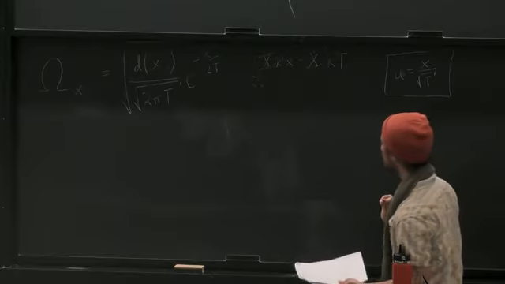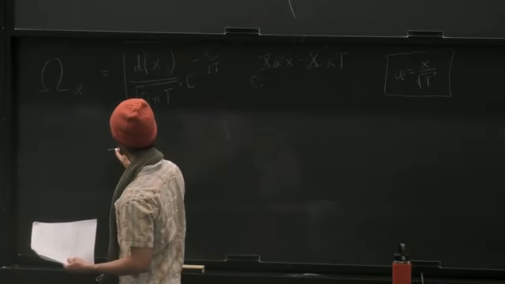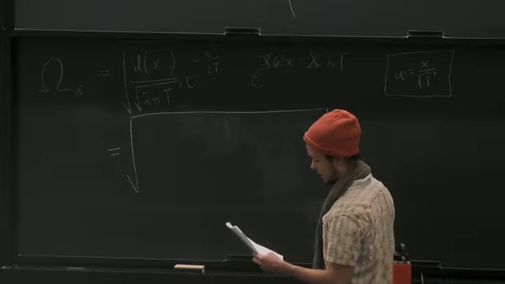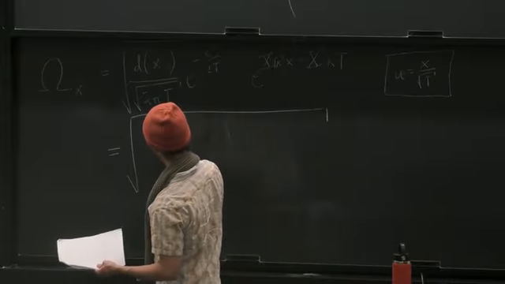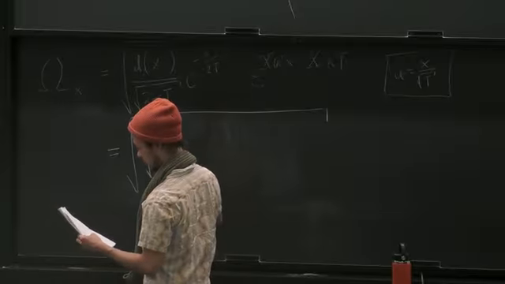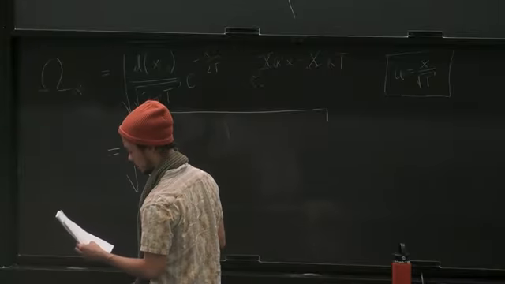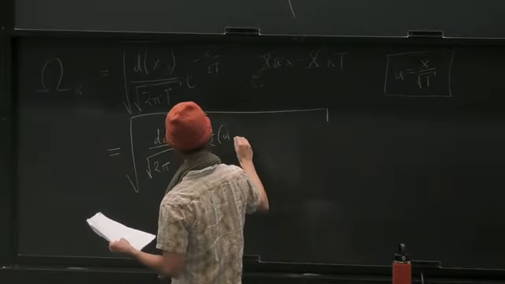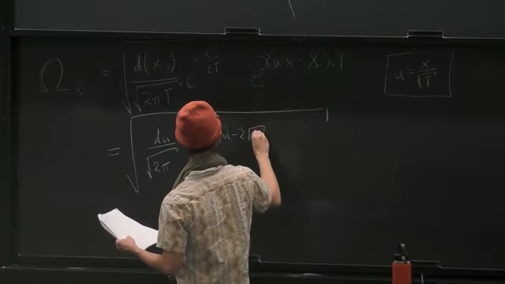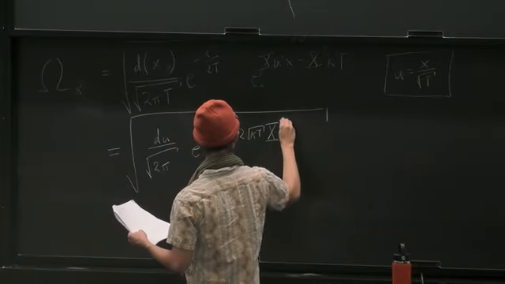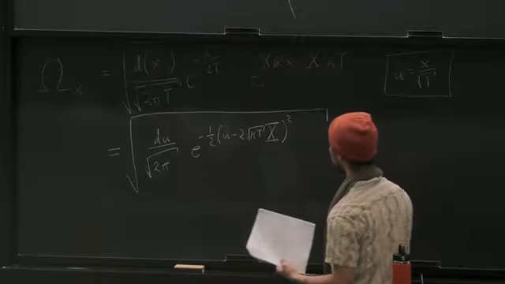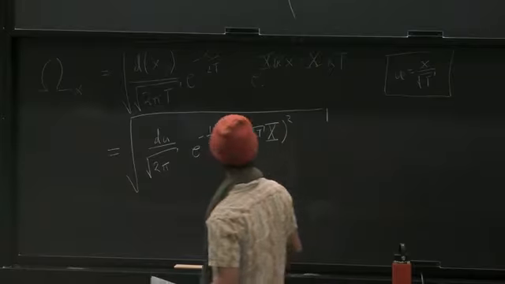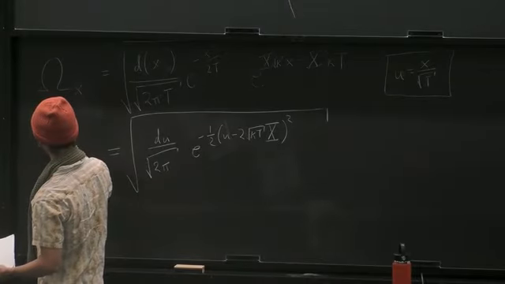So if I do that, and then I write everything under the same square root, what you get is du over root 2 pi, e to the minus half, u minus 2 root kappa t, observable X squared. I'm going to compare this.